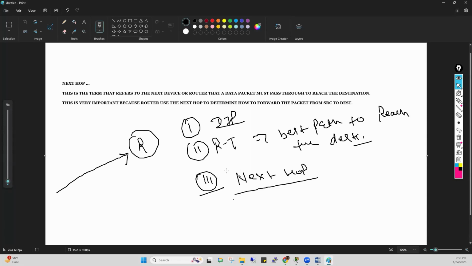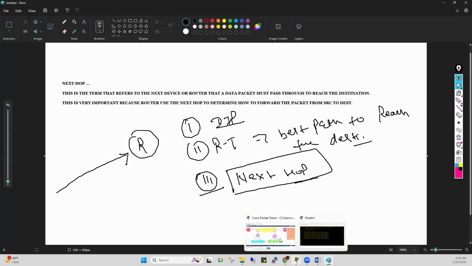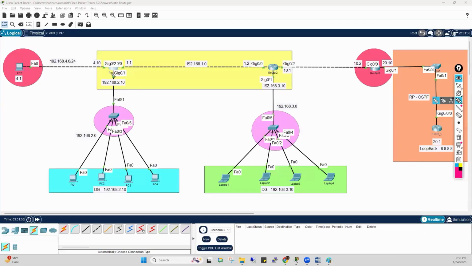And not only this, for example, in this case, if this router wants to reach this laptop, if I want to reach this router, my next hop is 192.168.1.2, this interface's IP address. Clear? That is the next hop.